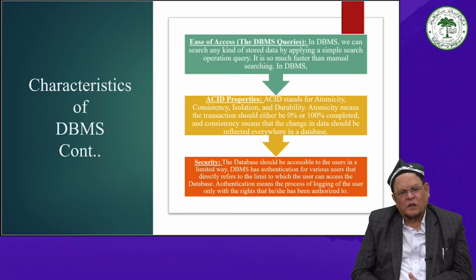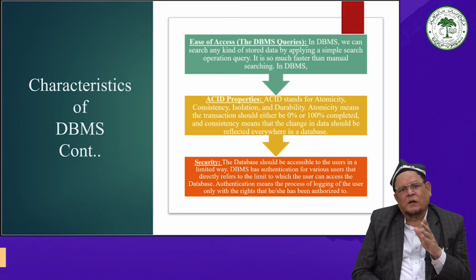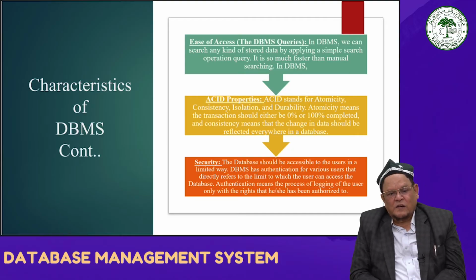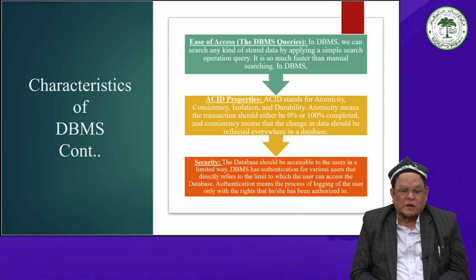It means that for logging in, your password may be more complex so another person cannot steal it or change your password. Also for authentication, some tokens, sometimes fingerprints, we can use. So there are some methods for the authentication of users, so that only an authorized person can access the data.